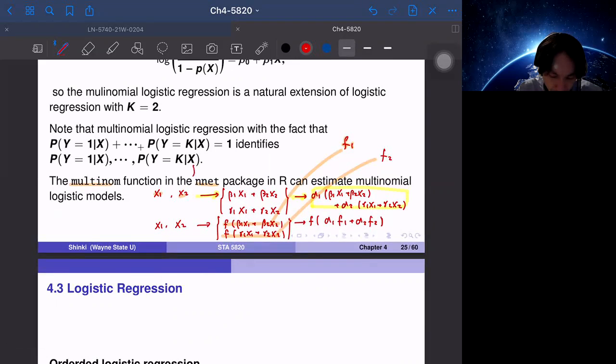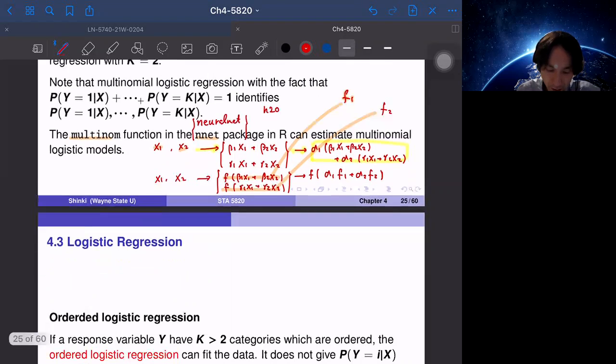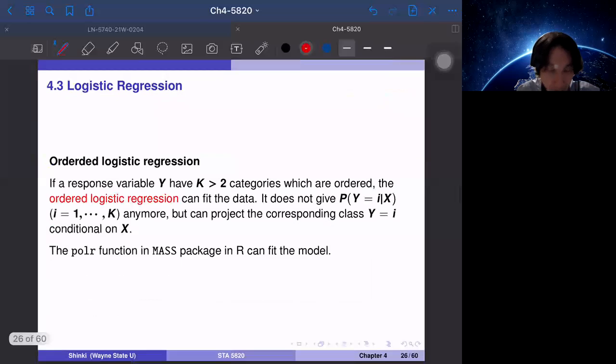In R, we have two packages for neural networks, nnet and neuralnet, and some other packages, maybe the H2O package. These are for neural networks. This textbook does not cover neural networks, and I think the main reason is the history of the R language.